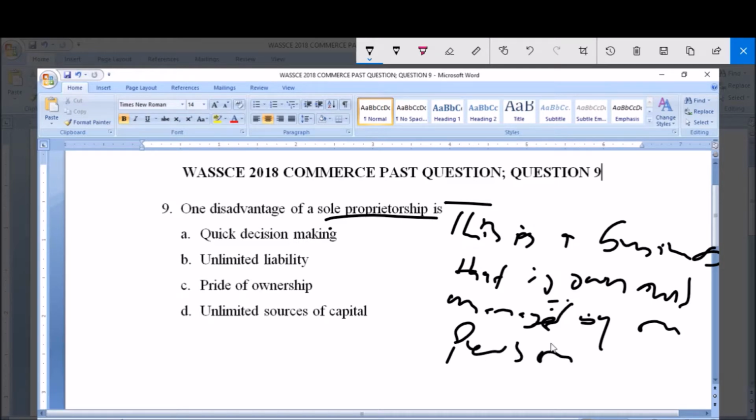That is sole proprietorship. Then what are the disadvantages, or one of the following disadvantages of it?